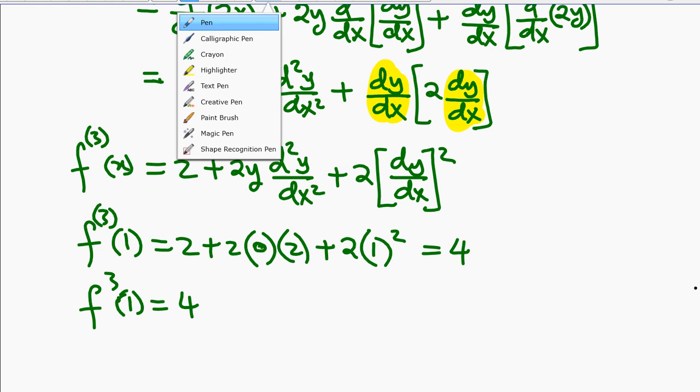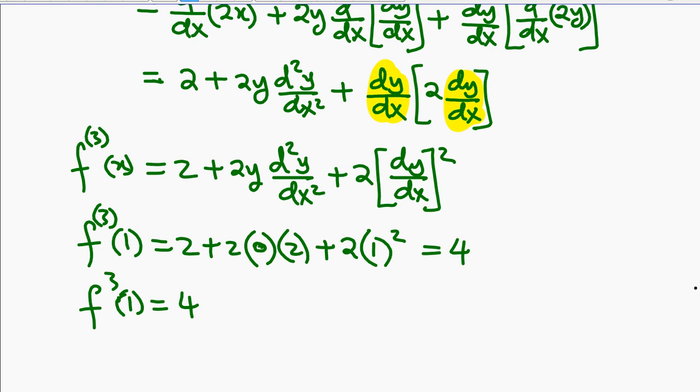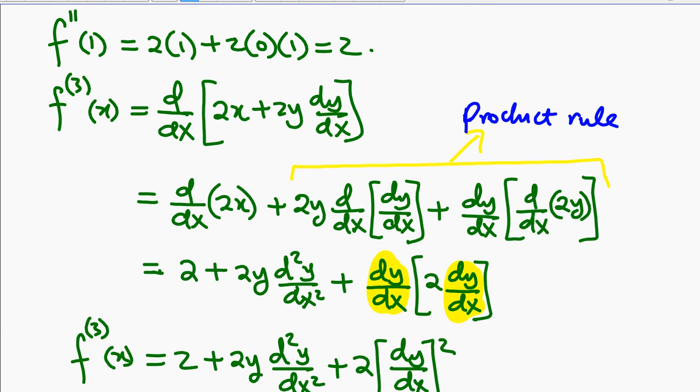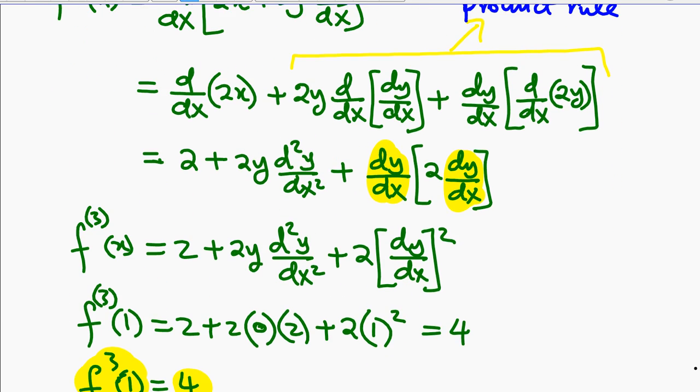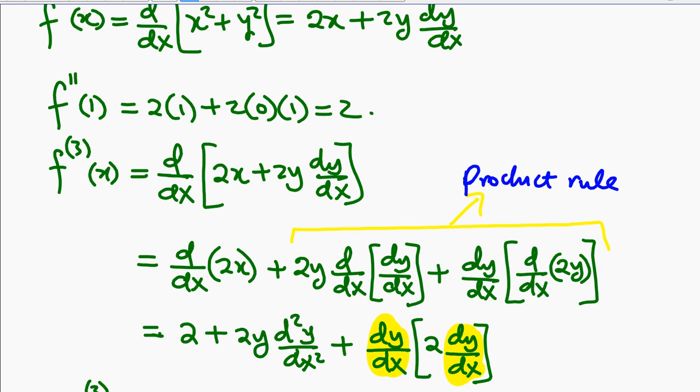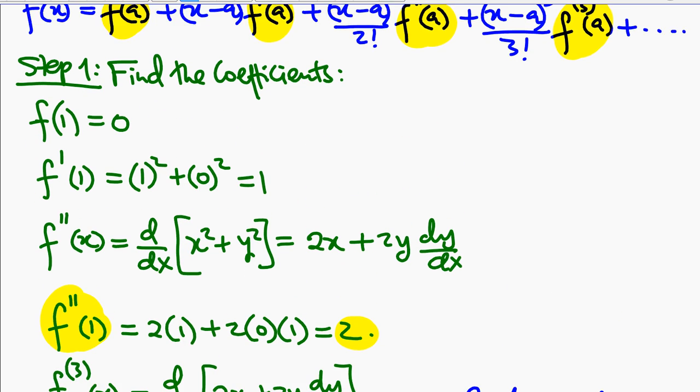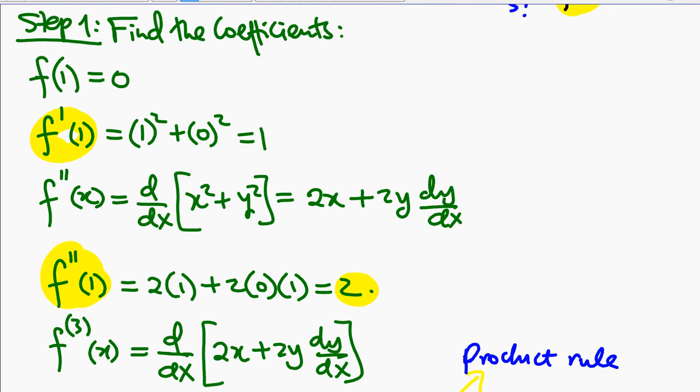Now, we have this bit, which is that. So that's the third, second derivative. These are our coefficients, all right? These are the guys that we need.